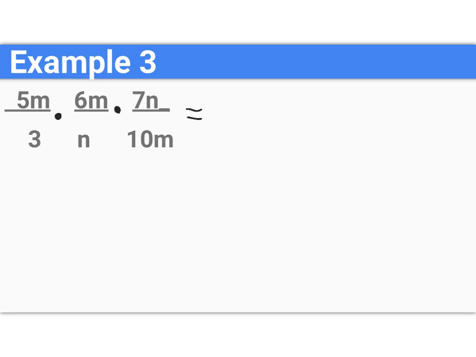Again, 5 times 6 times 7 times M times M times N, all over 3 times 10 times M times N. So N cancels out and M cancels out. 5 times 6 is 30. 3 times 10 is 30.